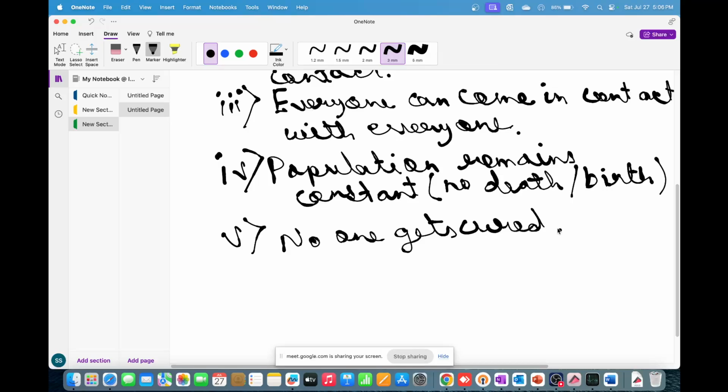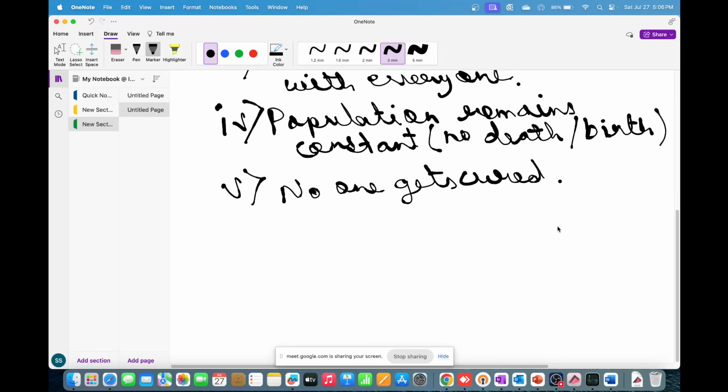We do not assume that person can get better and become uninfected after a certain point of time. So once you're infected, you are infected for the whole period of time that we are looking at in the model.